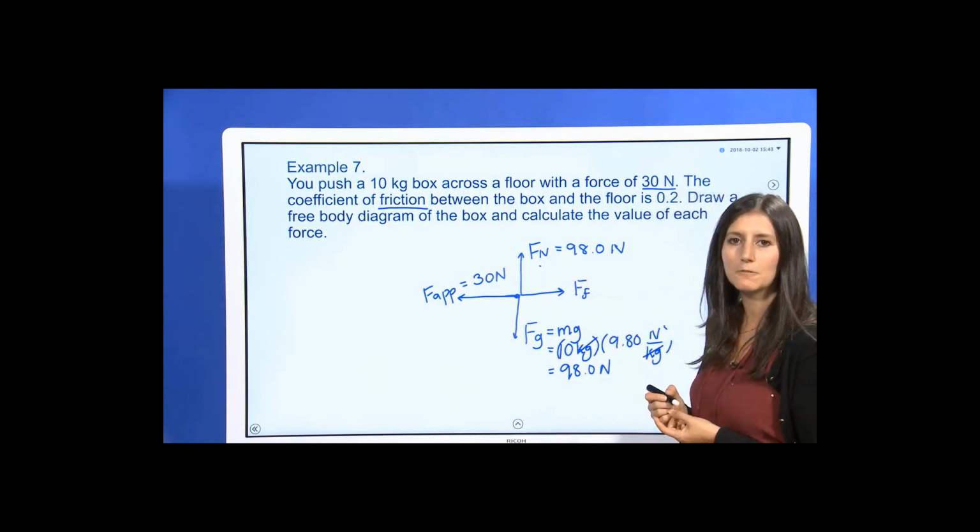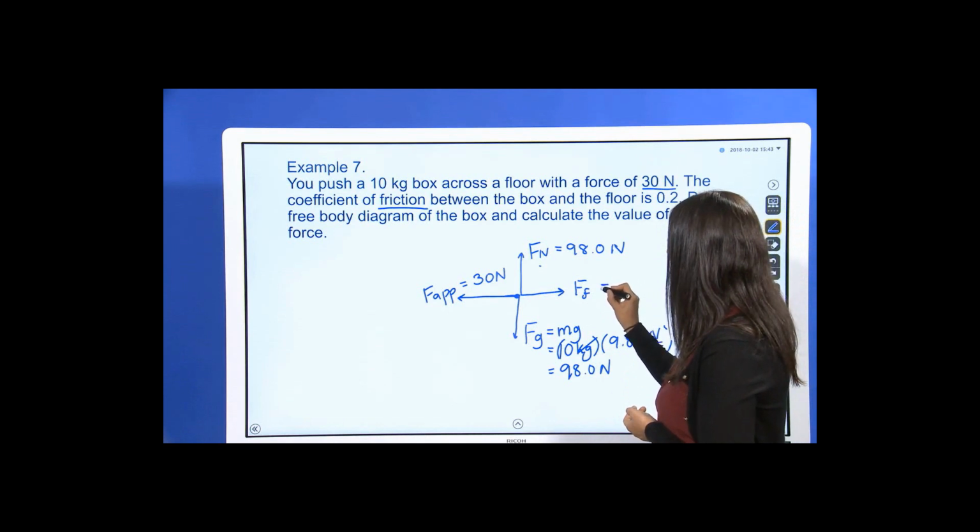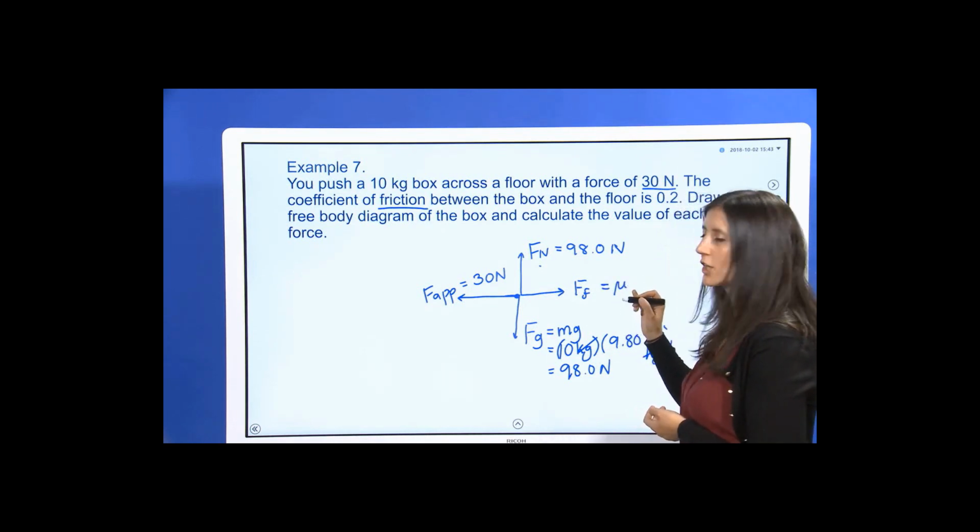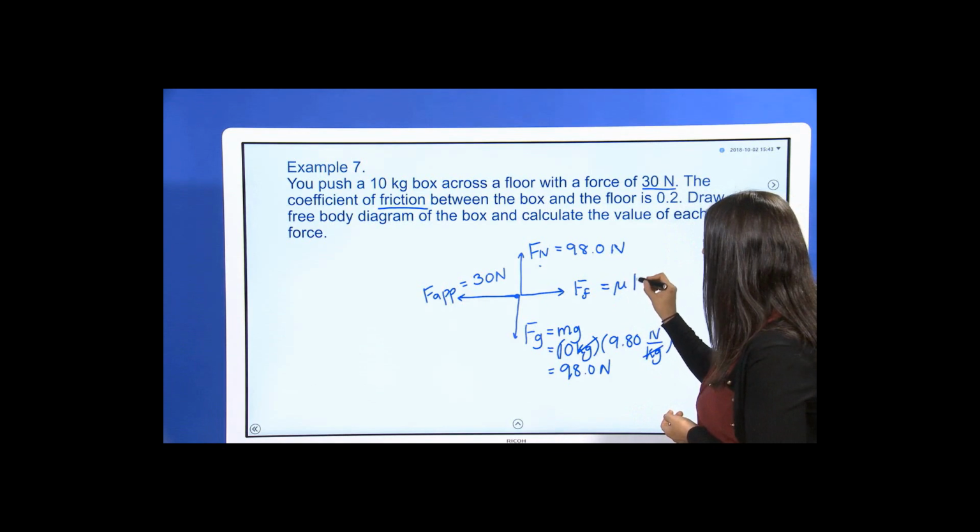Now how do I calculate the force of friction? It always equals mu, which is the coefficient of friction, times the normal force.